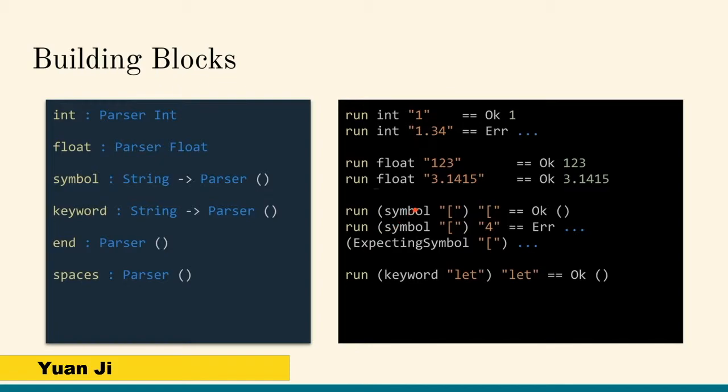so we now try to add some symbol. Symbol is just text. So if I have a square bracket, I use a single square bracket, the result will be OK, and it's called unit value. You understand?